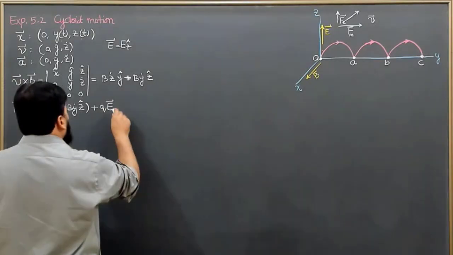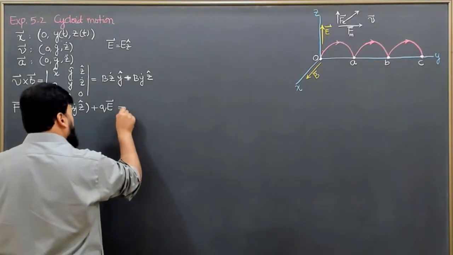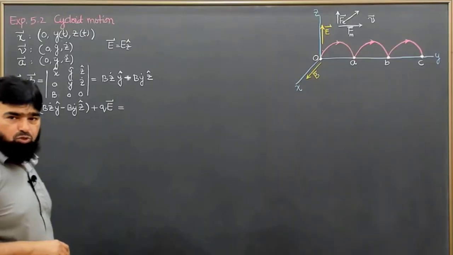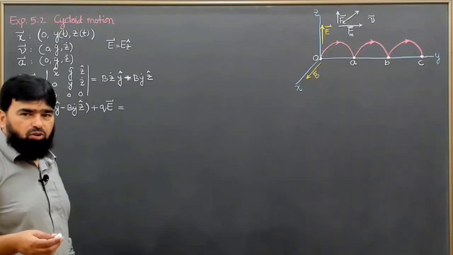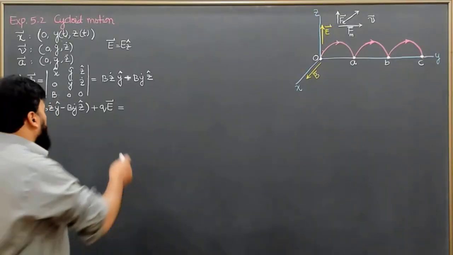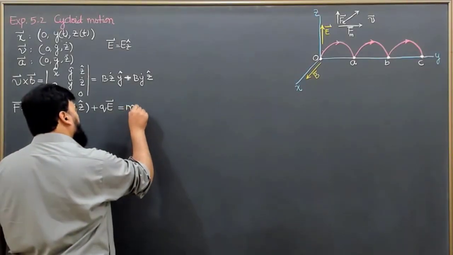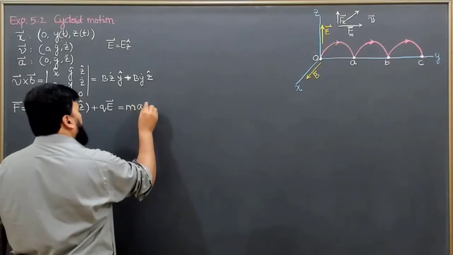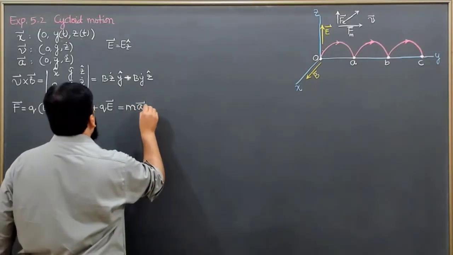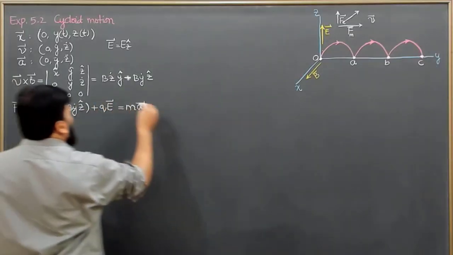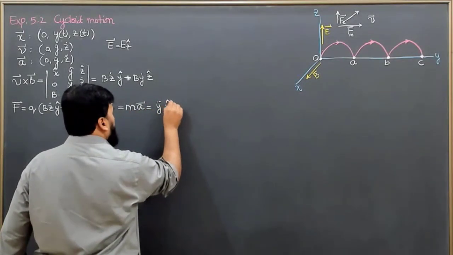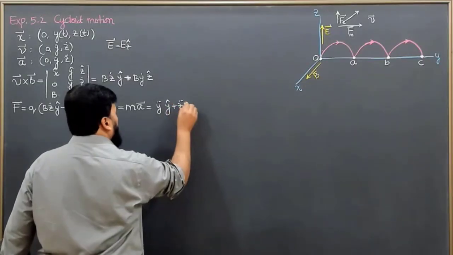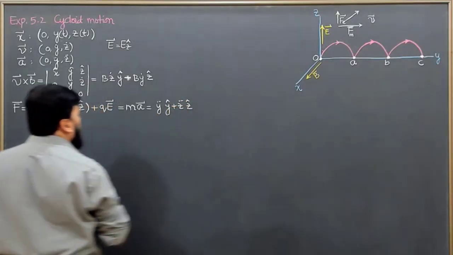Then this force is balanced by the centripetal force, or this force we can write, for example, as ma, the mass of the particle times acceleration. And acceleration, from here we know, is y double dot in the y direction and z double dot in the z direction.